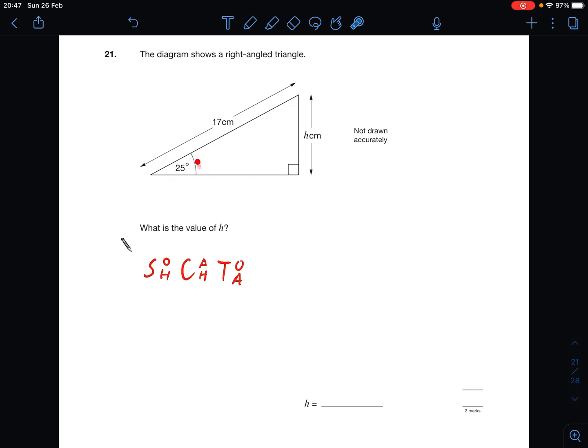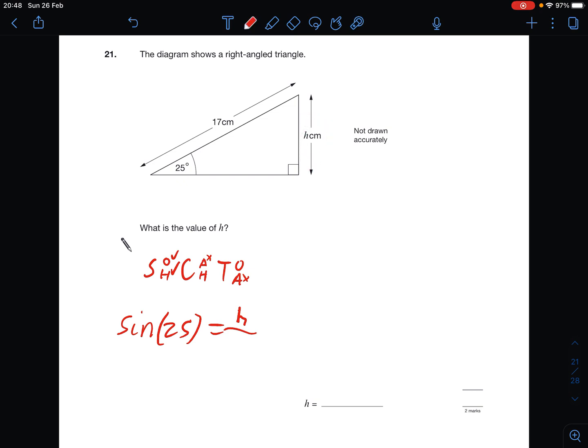The angle we have is this 25 degrees. So since I'm looking for the opposite from this 25 degrees, I'm given the hypotenuse, then I'm going to use SOH part of it, because I don't care about the adjacent in either of these. So what that tells me is I'm going to do sine of 25 is equal to h, in this case our height is called h.